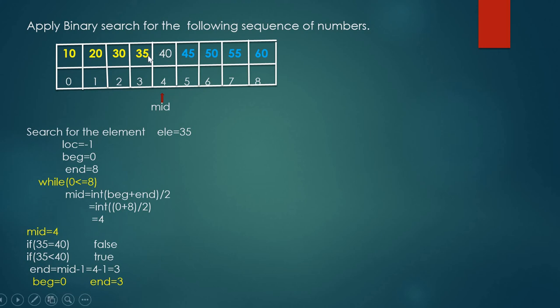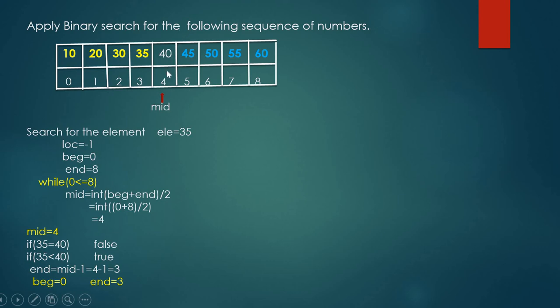We are going to find the location of this 35 in this algorithm. For that, first we find the value of mid. We got mid equal to 4 and the middle element equal to 40. After that, we need to check 3 conditions.